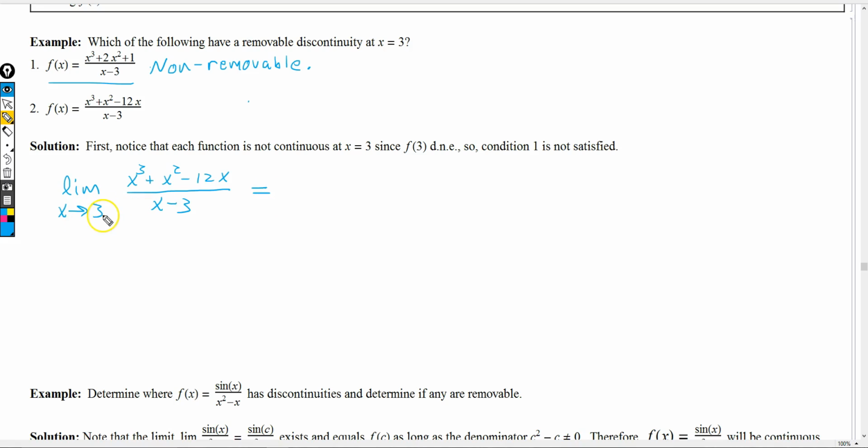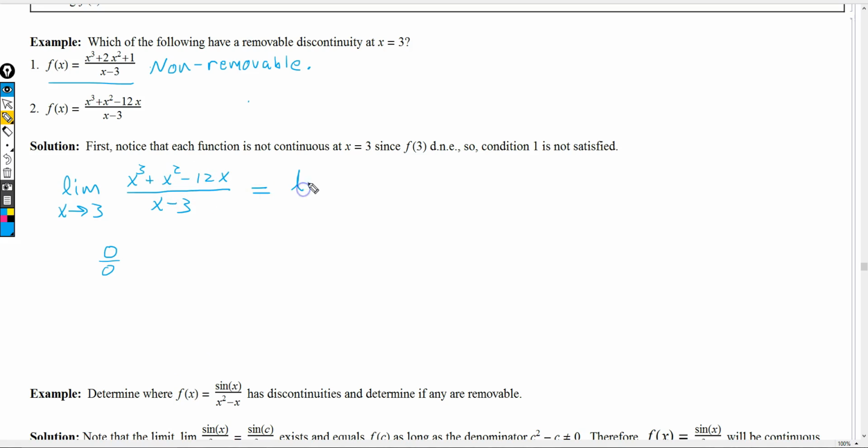Well, let's see. If we put 3 in for x into the numerator and into the denominator, you'll notice that we get back 27 plus 9 minus 36. That's 0. And in the denominator, we get 0 as well. This limit has a chance of existing. So let's see if we can do some cancellation here.